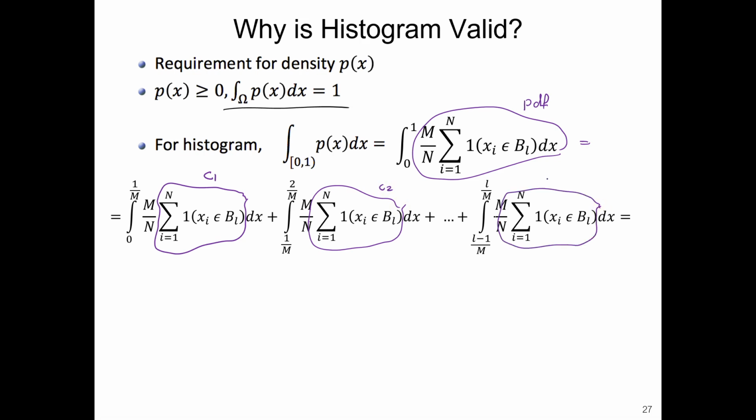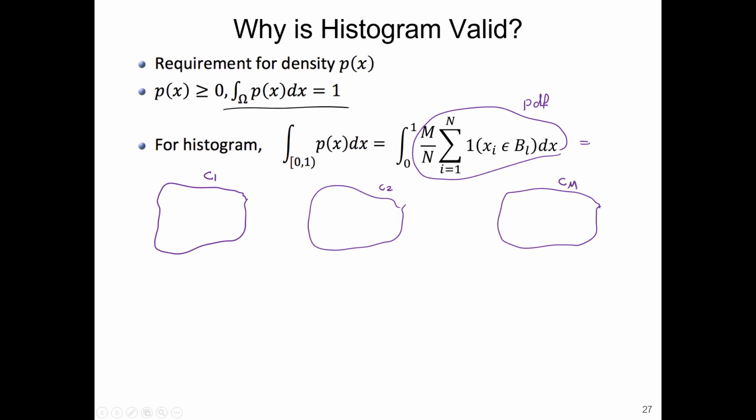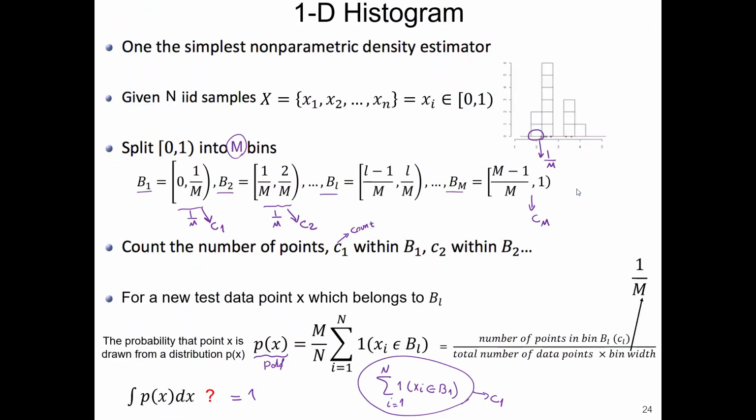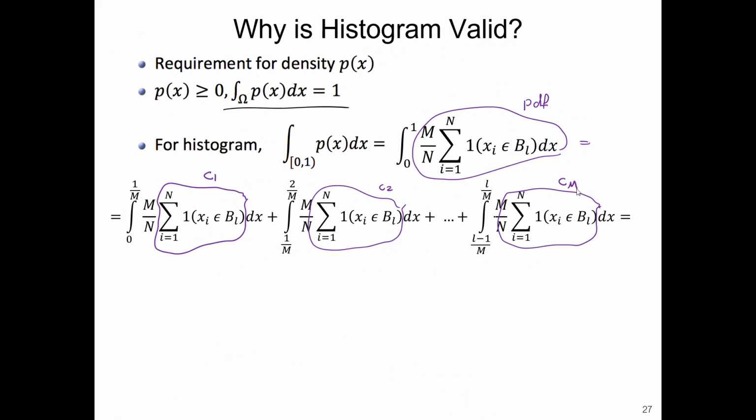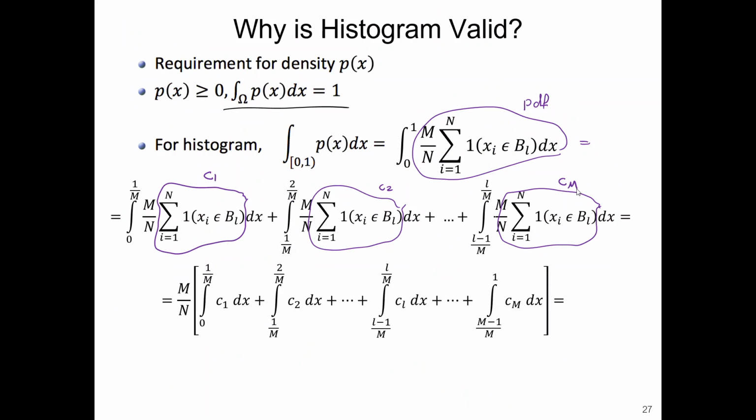There are 3 dots, so it was M. Yes, M. So can I rewrite it in this form? Yes. Let me collapse it together and write it in terms of summation. So if I put L equals 1, it will give me the first one, L equals 2, the second one, and so on.